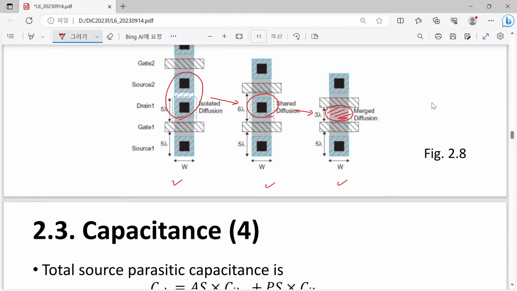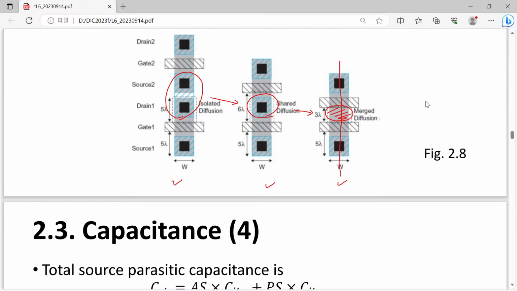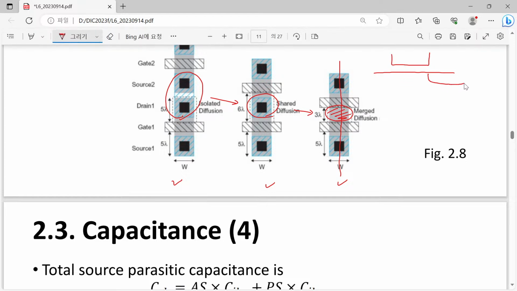Let me just draw it in this way. This is corresponding to your lower MOSFET, and this part is corresponding to your top MOSFET, and they are shared.